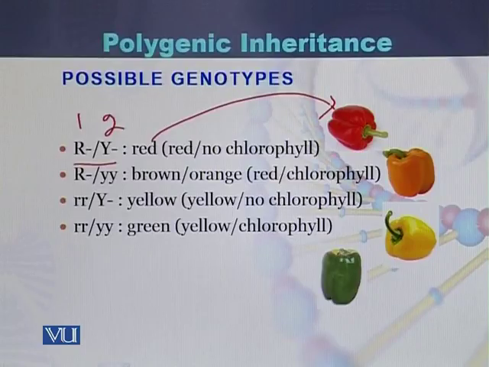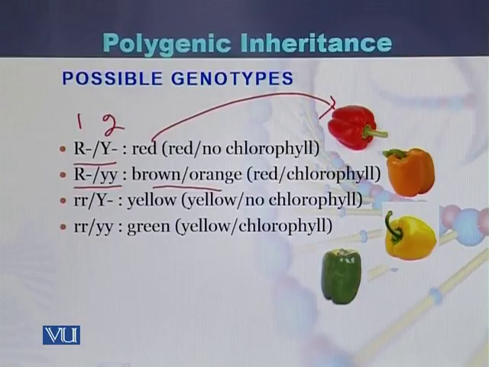So two genes jointly express the color in the pepper, and that is red. In the case of brown or orange, if allele R is in dominant form and allele y of the second gene is in recessive form, then the color of the pepper will be brown or orange.